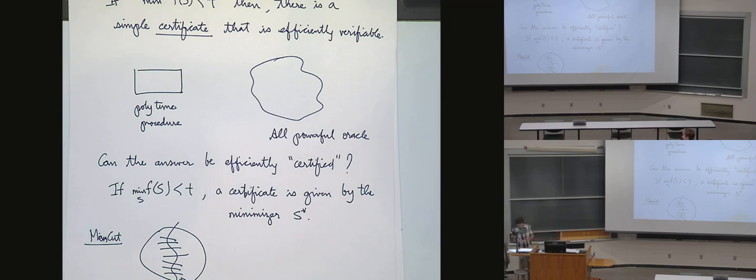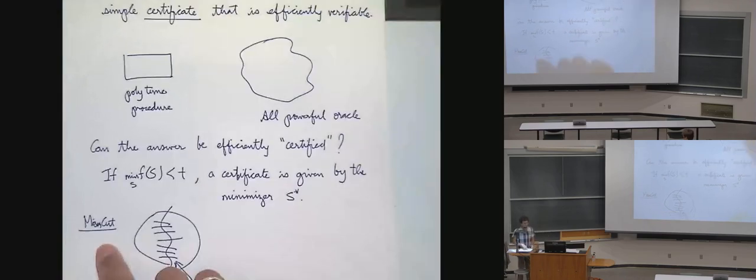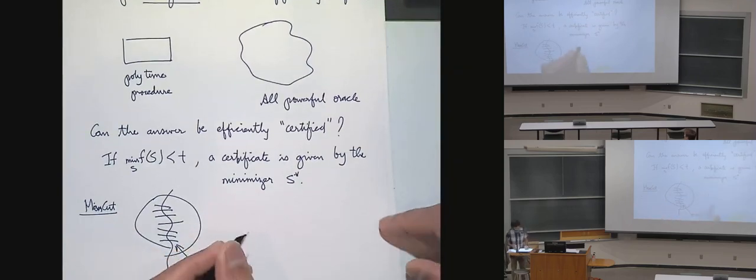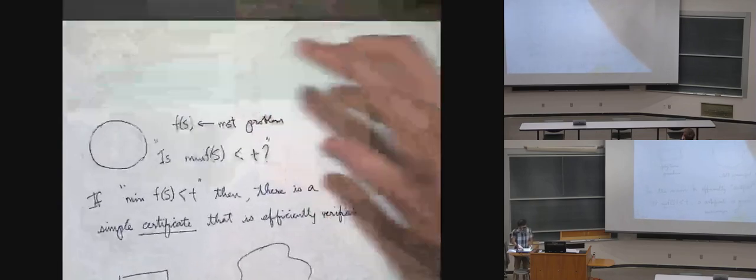That's why a lot of questions here end up being related to cryptography, because this question is about interacting with someone and certifying. And there are many questions of this form. There's min cut, and I can define more and more, but that's not as important.